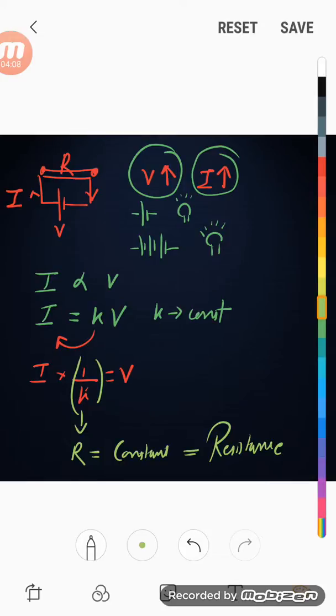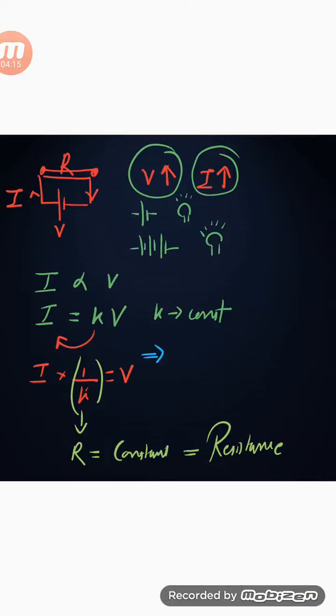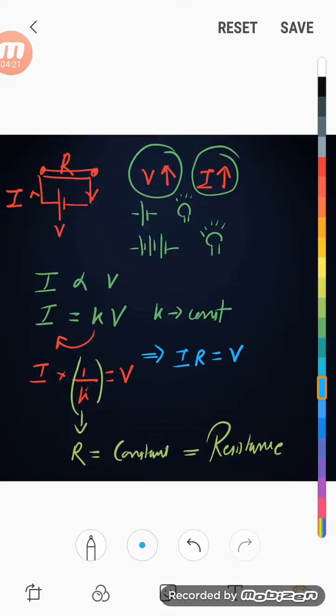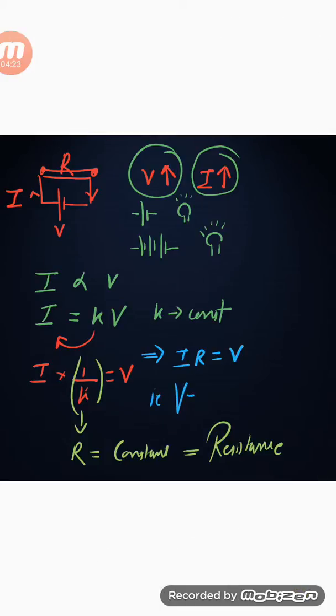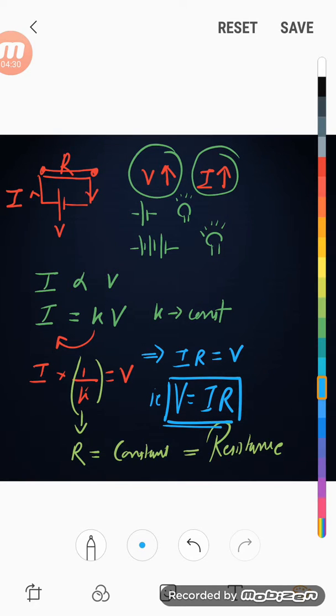So we get a new result: I R equals V, that is V equals I R, and this is what is called Ohm's law.